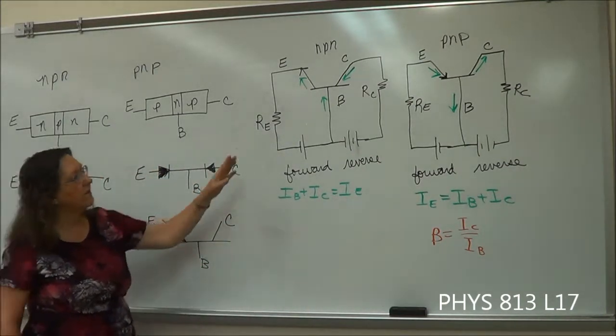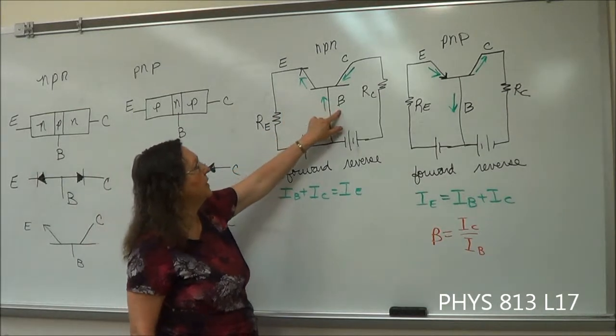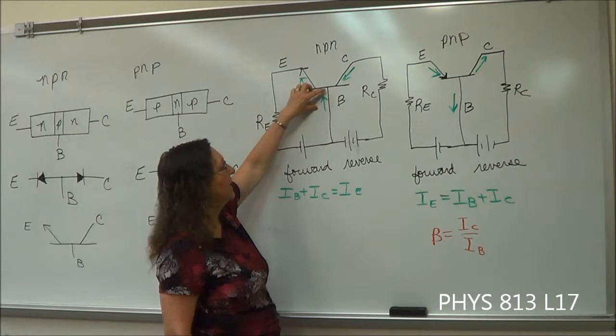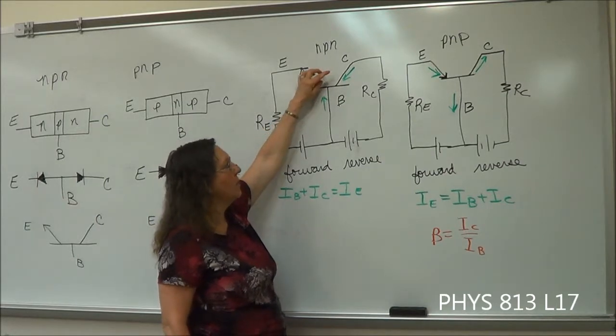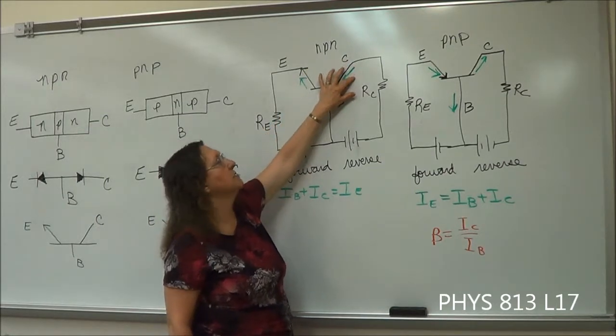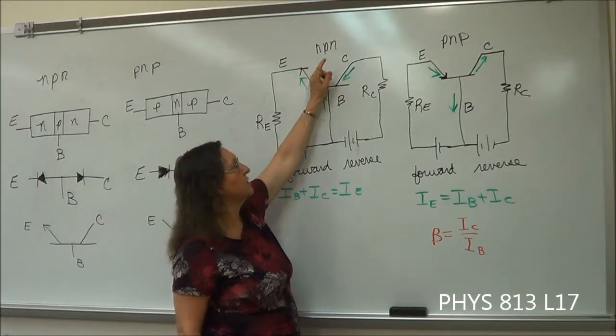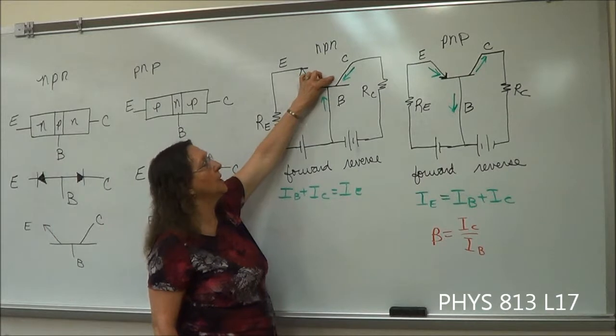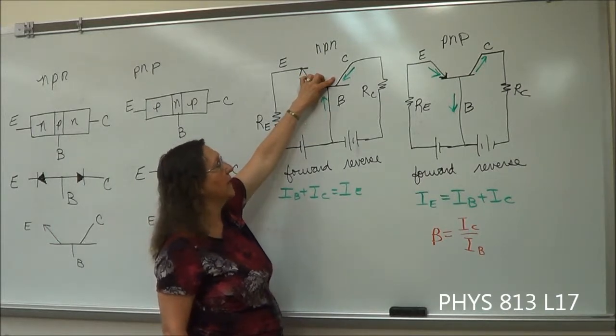So you could think of it maybe in this one as a small current coming in the base somehow persuades the electron, or not the electrons, but the holes, but persuades a rather large current to happen over here at the collector.